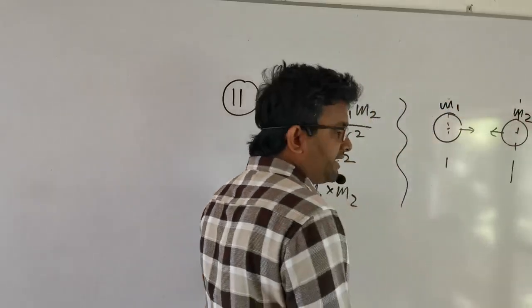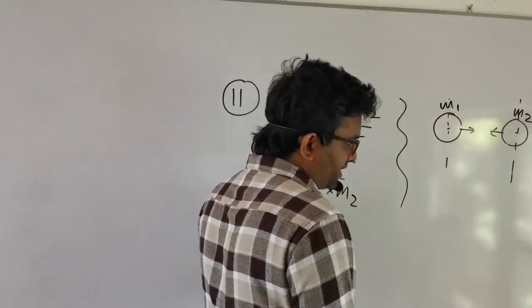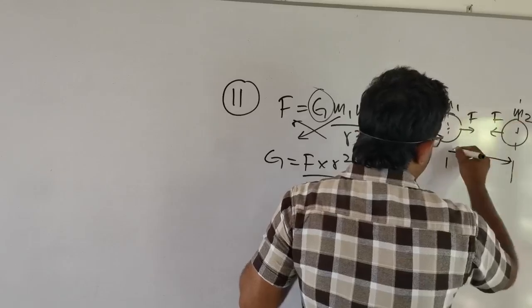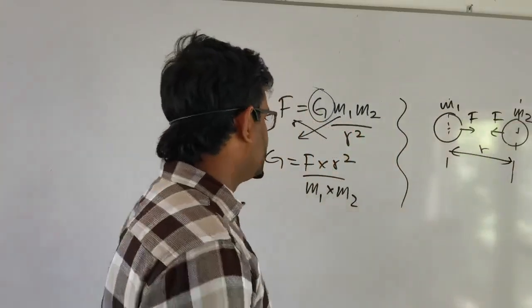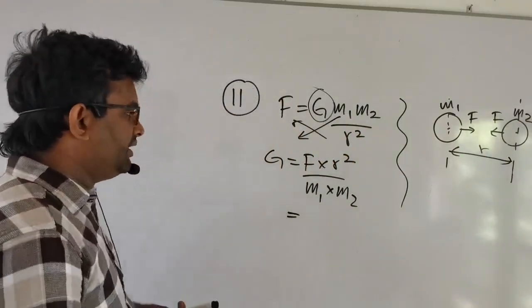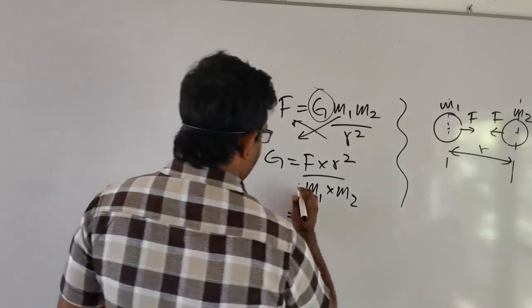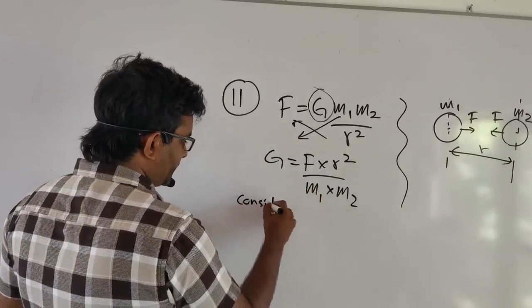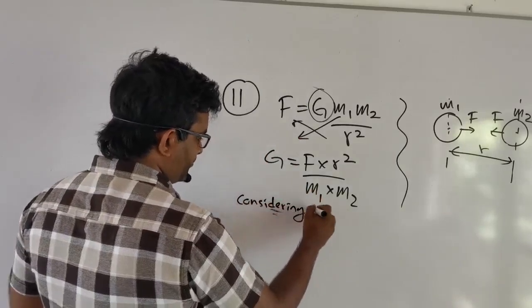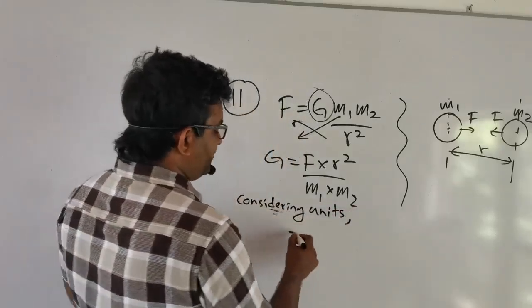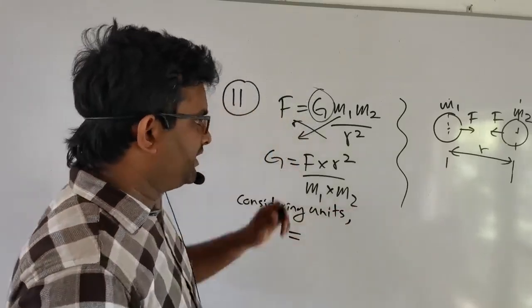Any two masses have a gravitational attraction force, that is F, and the distance between them is R. Considering units, when we consider the units of F, that is force.